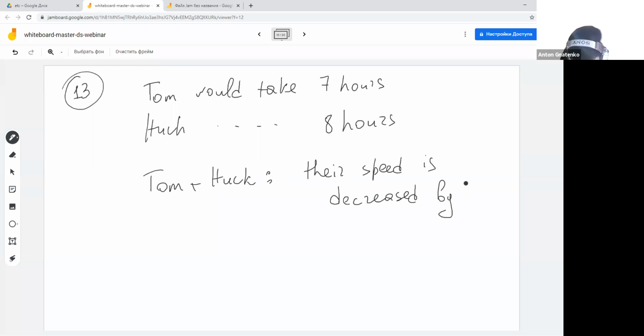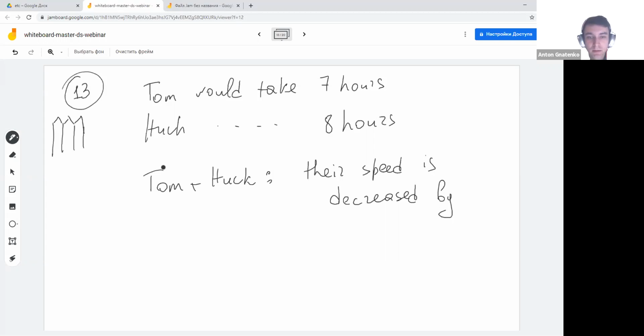Wait. Yeah. So the correct statement is that the fence consists of boards. Tom takes 7 hours to paint it. Huck takes 8 hours to paint it.